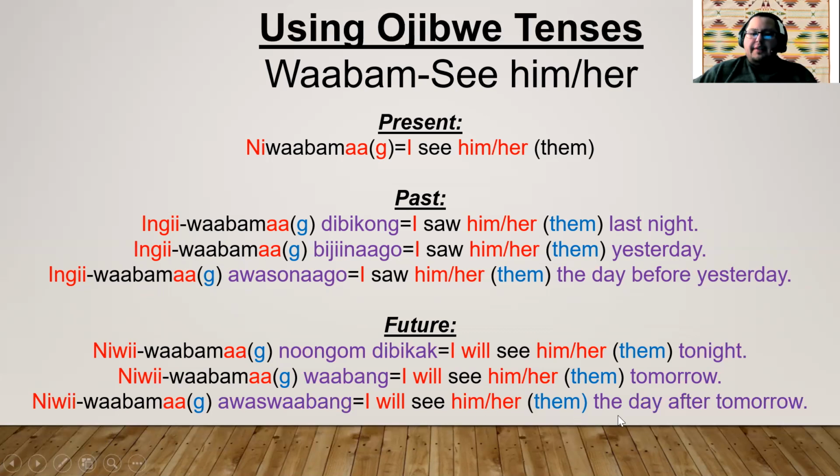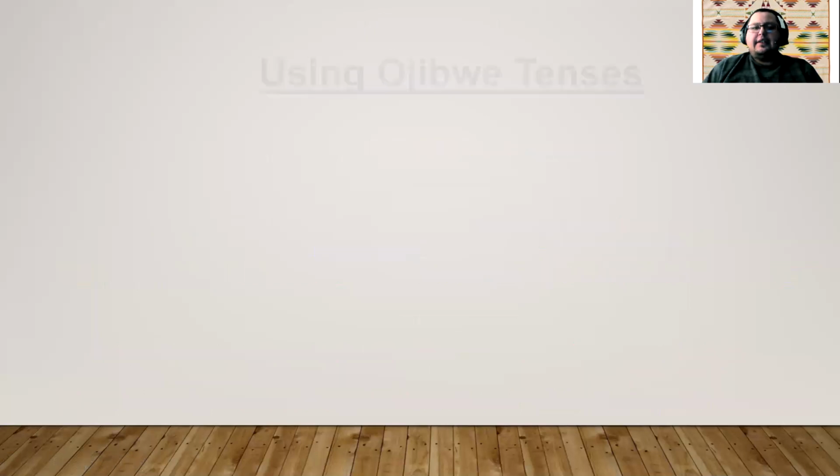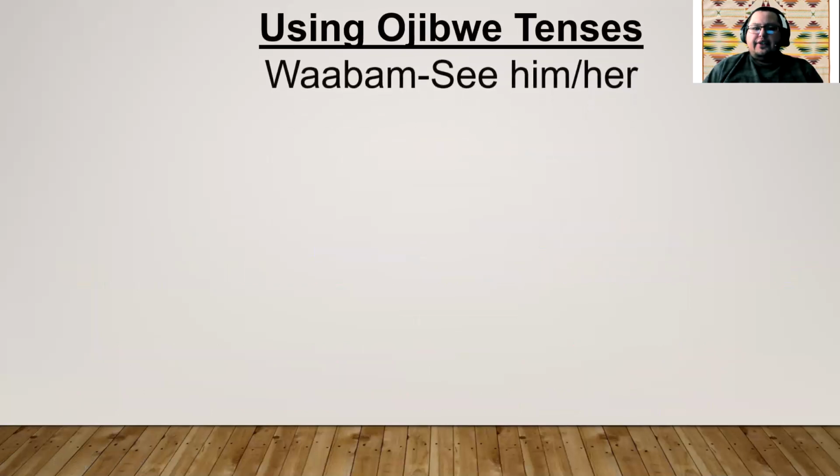I will see him or her the day after tomorrow. And if we're talking about them, we just add the G to our verb. Niwiwabamag awaswabang. I will see them the day after tomorrow. So that's one of our ways that we use our temporal adverbs in our conjugated verb tense sentences. That's a lot. I hope we don't get confused.